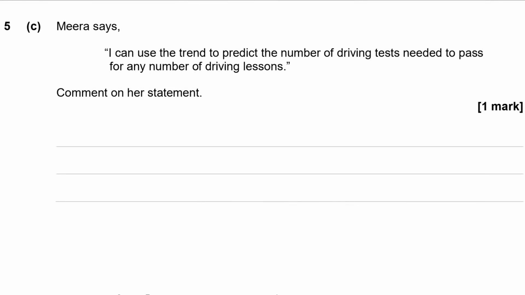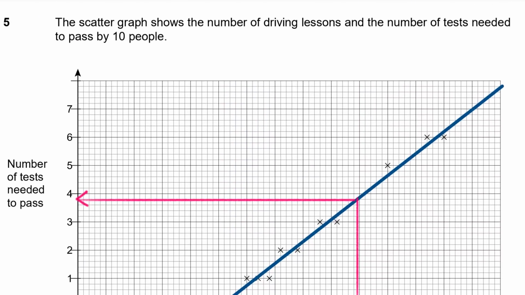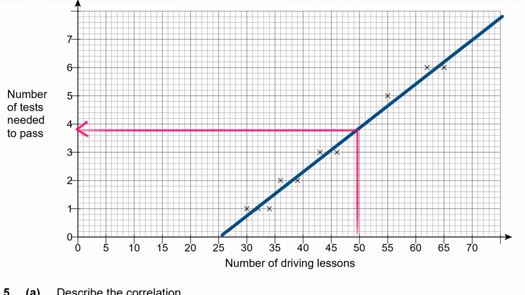Mira says, I can use the trend to predict the number of driving tests needed to pass for any number of driving lessons. And we need to comment on the accuracy of this statement. If we come back and look at the graph, you can see that we've got data for students having between 30 and 65 lessons, and within that range we clearly have strong positive correlation.